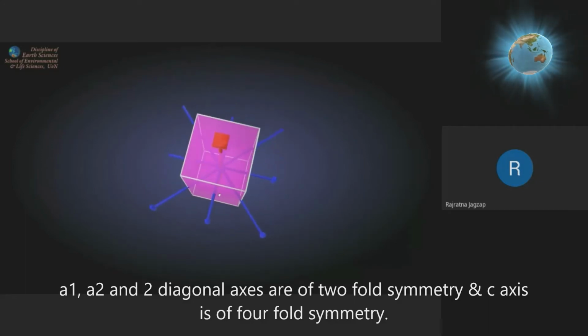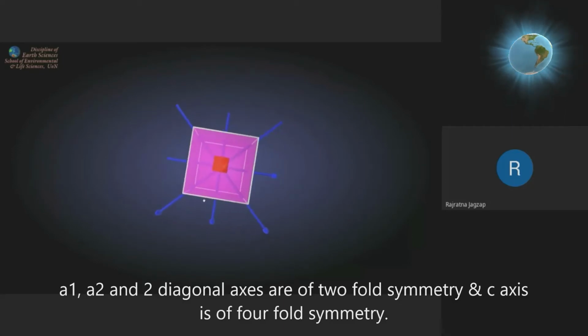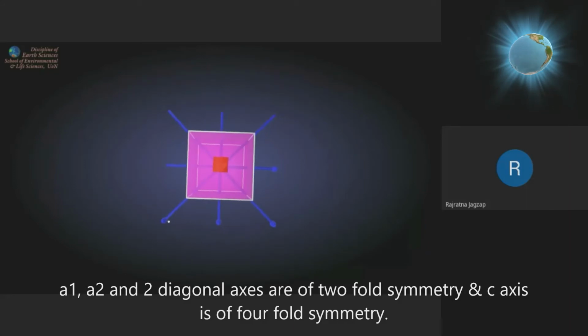You can see that it is passing through the diagonal. If you imagine this as a square, and this is a diagonal of the square, this axis goes from edge to edge diagonally, on the left hand side and the right hand side.